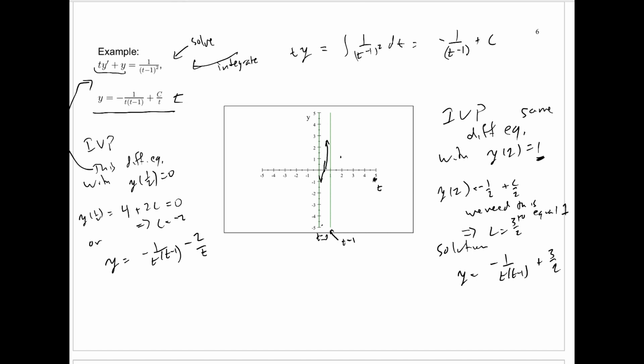And now I want to be sure we erase our old solution here. We're only talking about a solution over here on the interval from 1 to infinity, and that solution will look something like this. It will blow up. I'll say this should be a 3/2 over t, so 3 over 2t. It will blow up as t approaches 1 from the right. And it will be very negative, is that right?